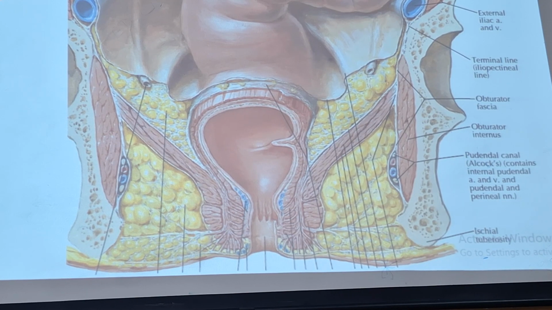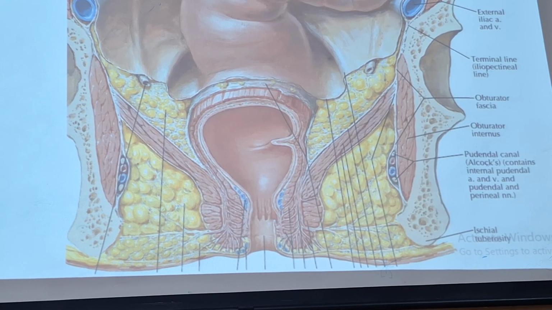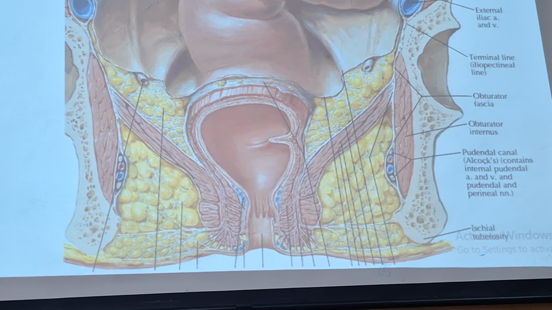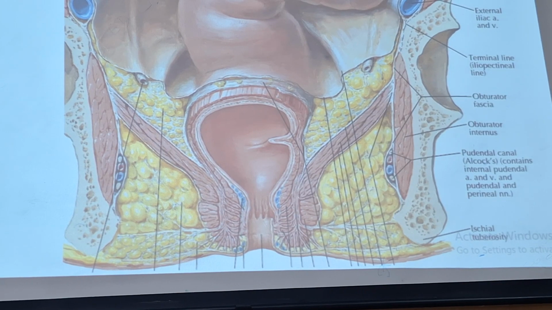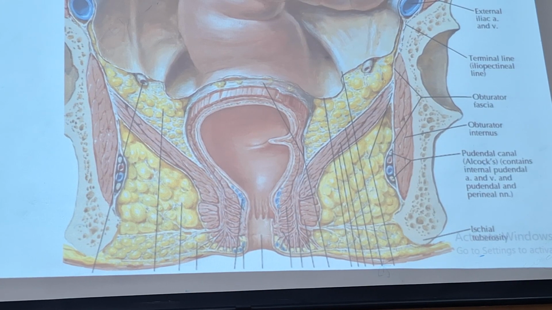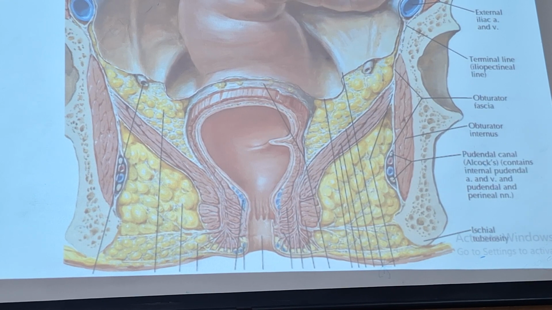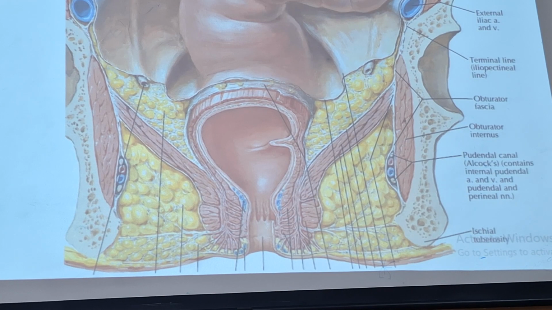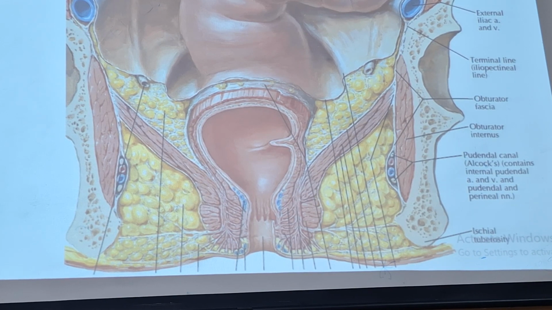Which fascia contributes to make this canal? The obturator fascia, the fascia of obturator internus. Another fascia, the perineal fascia, also contributes to make this canal.